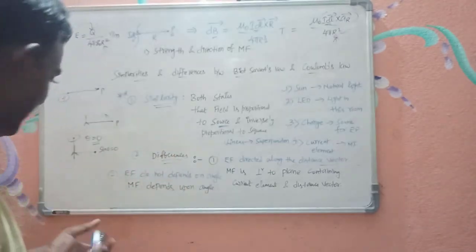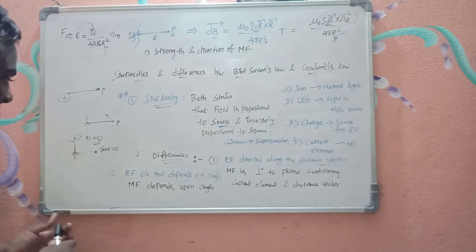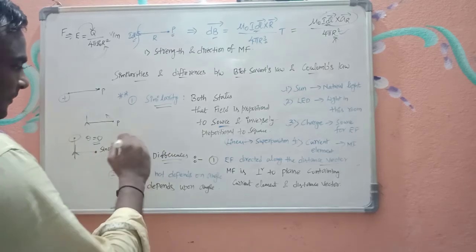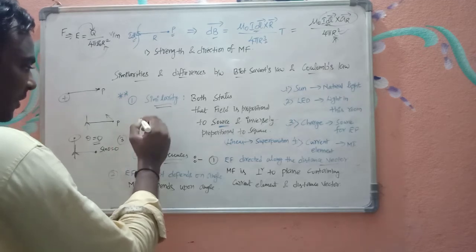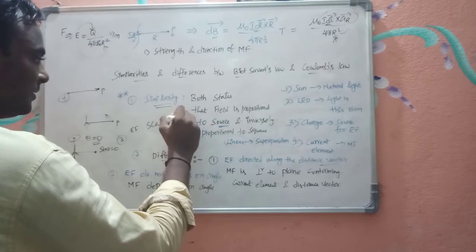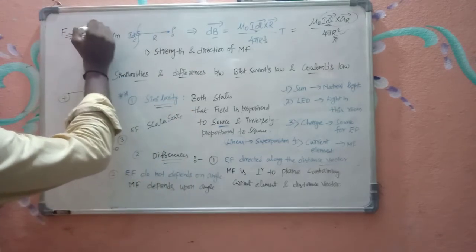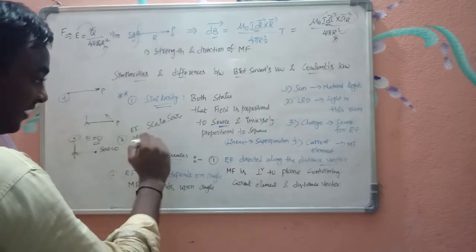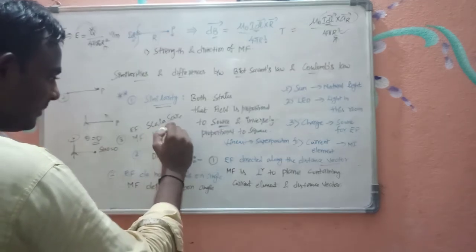The third basic difference is that the electric field depends upon a scalar source. Here E depends upon Q directly, whereas the magnetic field depends upon a vector source. What is meant by vector source?